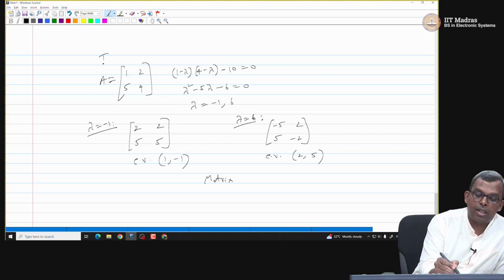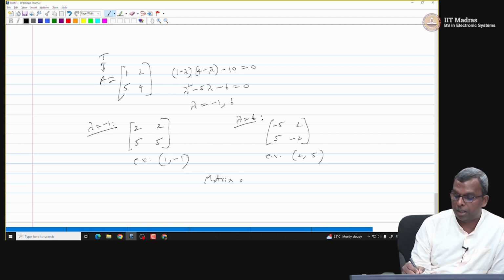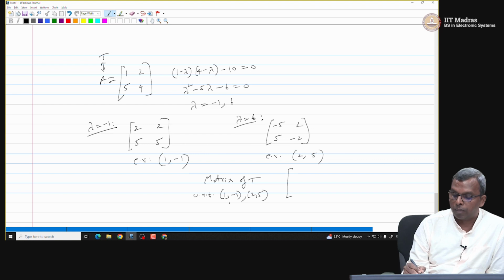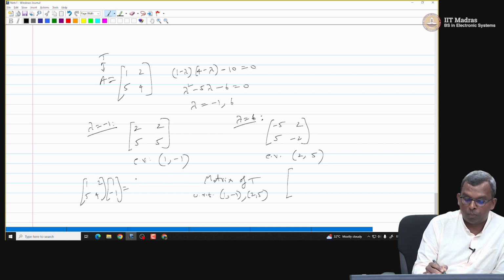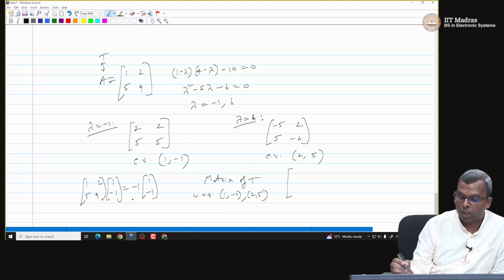So suppose this is T, an operator T, which is represented by that matrix. The matrix of T with respect to 1 comma minus 1 and 2 comma 5 is going to be, if you do 1 comma minus 1, you can try that once again just to check that your calculations were correct. 1 minus 1 gives you minus 1, 1, so it is minus 1 times 1 minus 1.